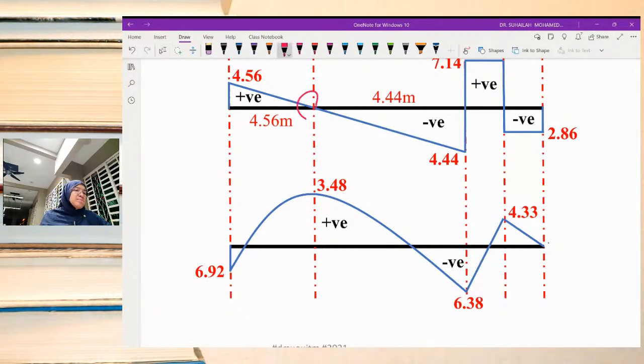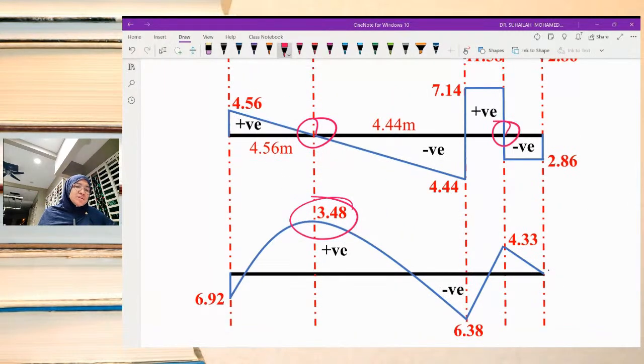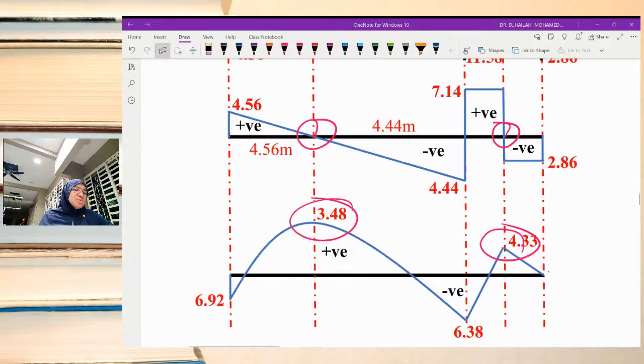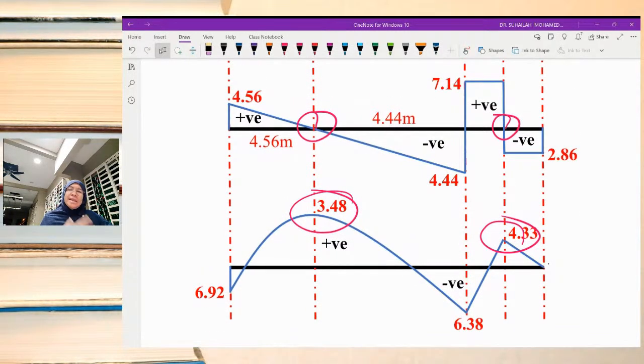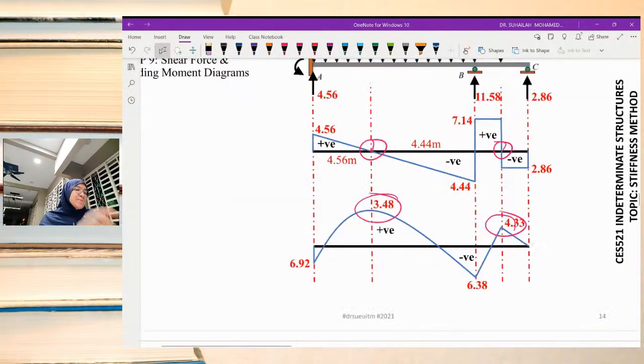This intersection means maximum moment in the bending moment diagram. This is also an intersection. So this is the value. If you get a trapezium for UDL, it means in the bending moment diagram it has no maximum moment.